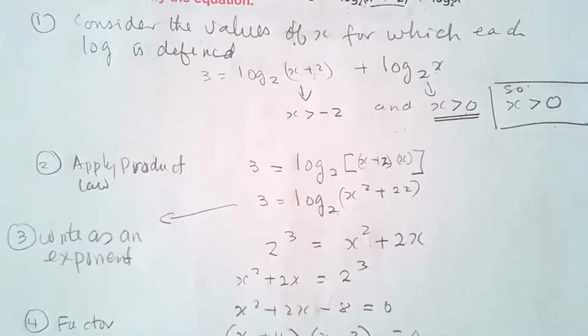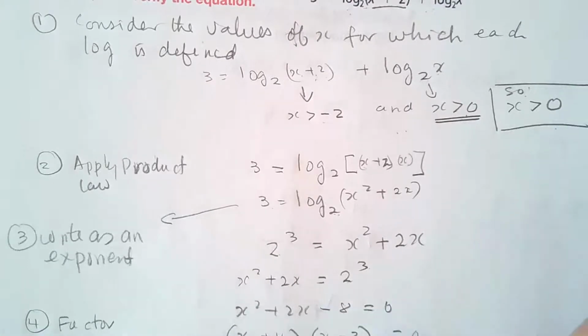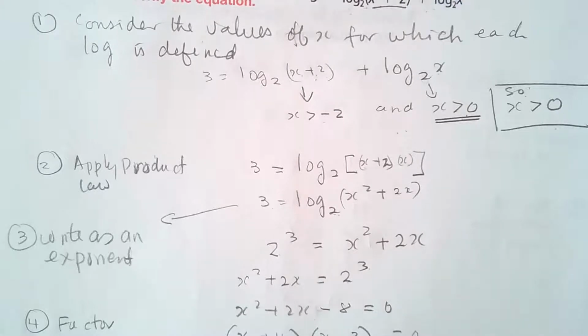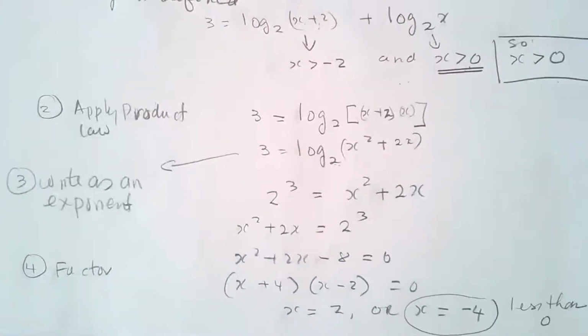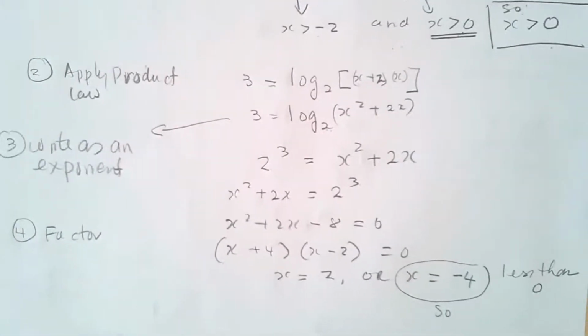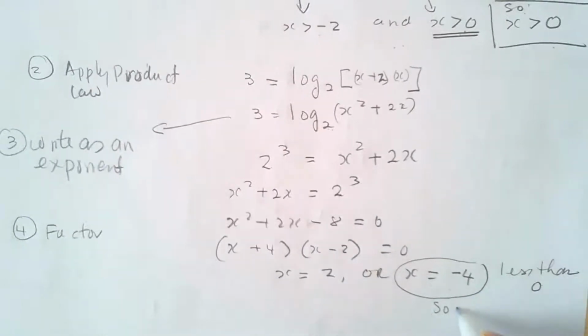Now, we've already established that x has to be greater than 0. So we have x equal 2 and x equal to -4. So x equals -4 is going to be referred to as extraneous because it is less than 0.